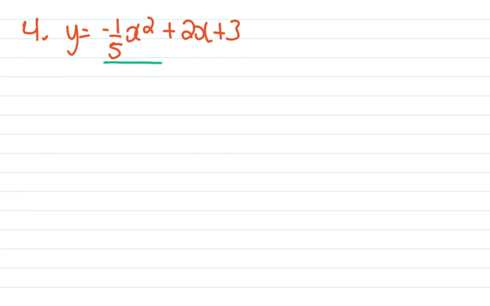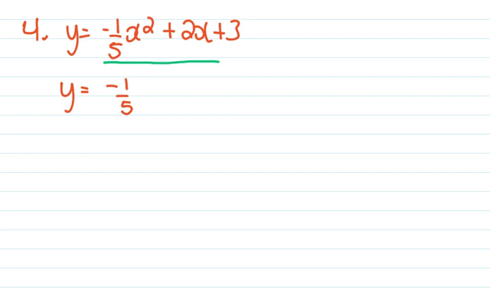Number 4. Y equals negative 1/5 x squared plus 2x plus 3. Okay, so we're going to start by looking at the first two terms and take out the a value. So even though it doesn't look like this is a greatest common factor, we always take out the entire a value.